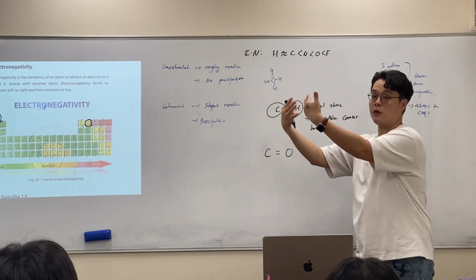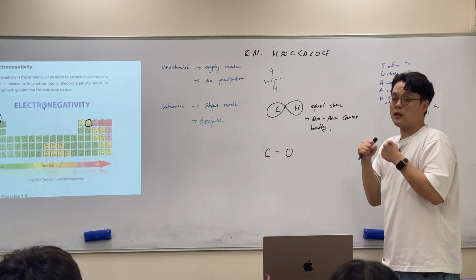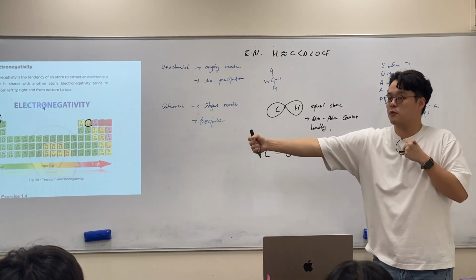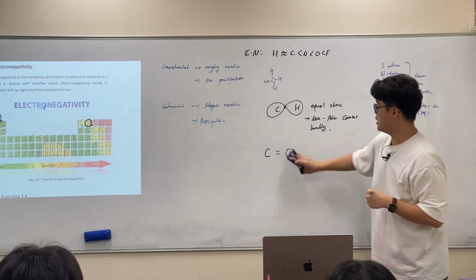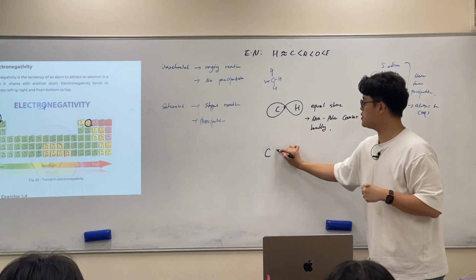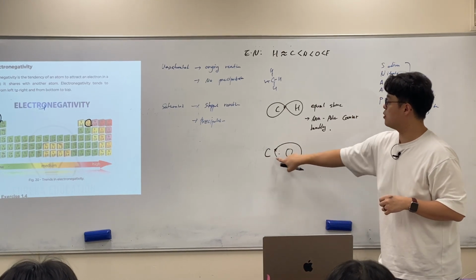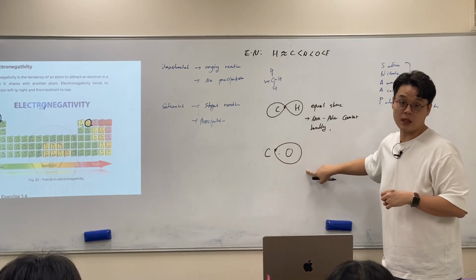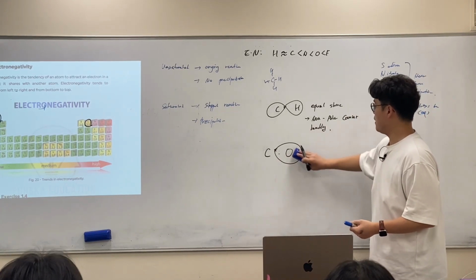High electronegativity means a tendency of pulling electrons towards itself, so you can think of it as really strong in terms of pulling. When these are sharing the electrons, oxygen almost takes these electrons towards its side.